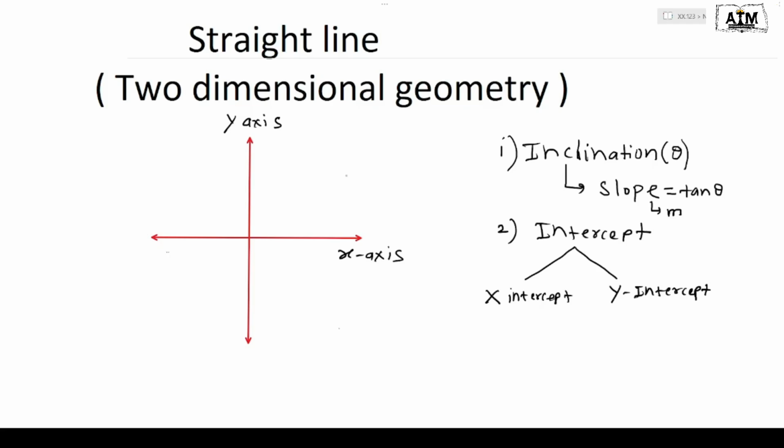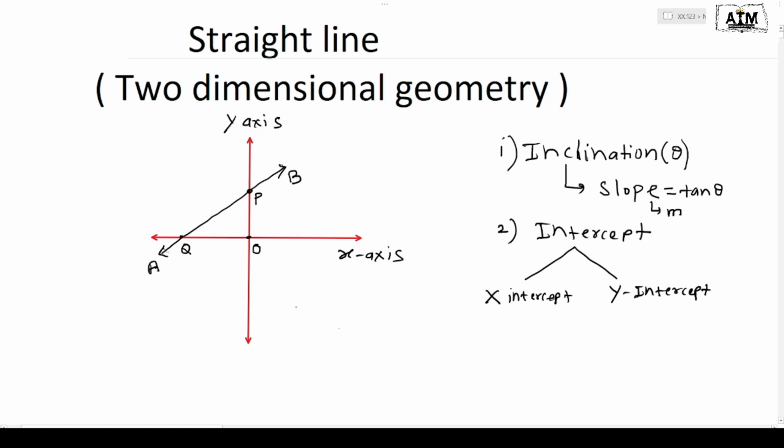Also the intercepts. Whenever we draw a line, this is a straight line in a two-dimensional coordinate system. Let us call it AB. This line is cutting the y-axis at this point, let us call it point P. And this line is cutting the x-axis at point Q. And O is the origin, where the x-axis and y-axis intersect.